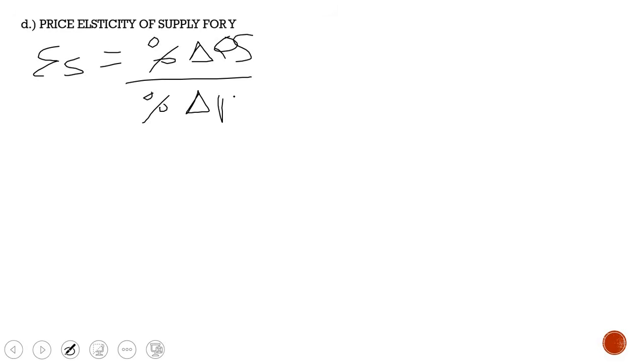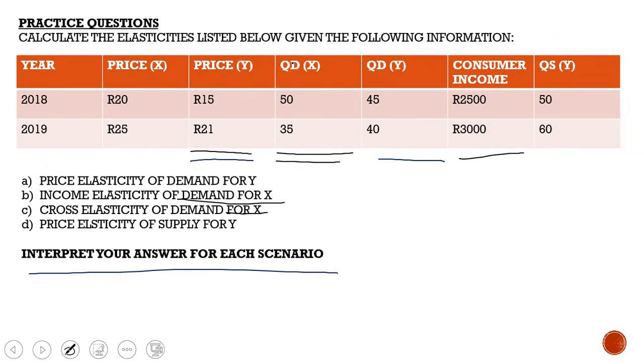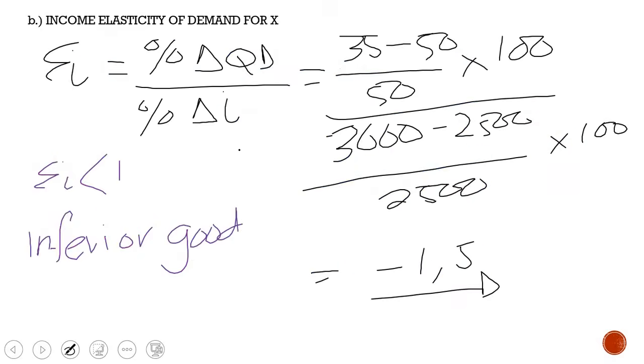Then the last one, the price elasticity of supply for Y. We're going to calculate it using the formula: E of S is equal to the percentage change in your quantity supplied over the percentage change in price. If we go back, supply changed from 50 to 60, and you're looking at the change in price for Y, from 15 to 21.